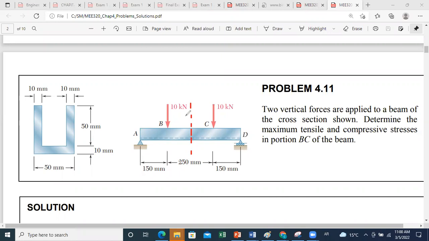Now, how can we make sure of this? First, we deal with external reactions. So the first step will be to find the external reactions at A and D. At A, you have a pin. This means that you will have a Y and an X. At point D, you have just DY.